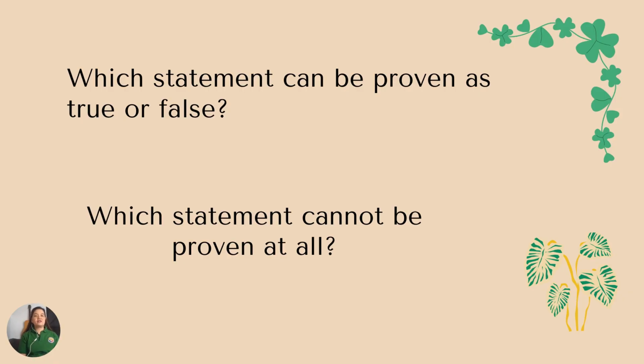Okay, so now let's answer these two questions. First question, which statement can be proven as true or false? And the second question, which statement cannot be proven at all?